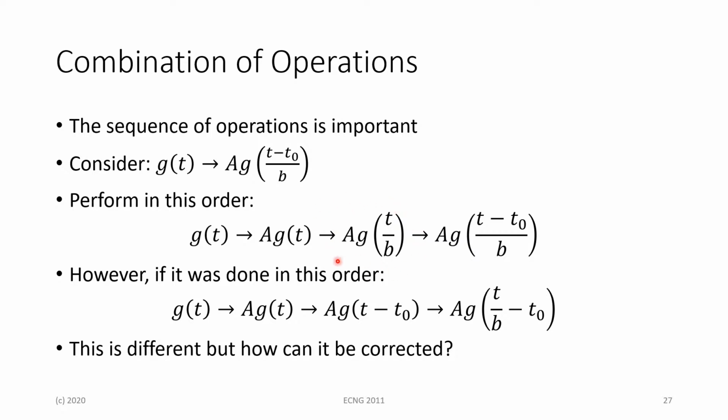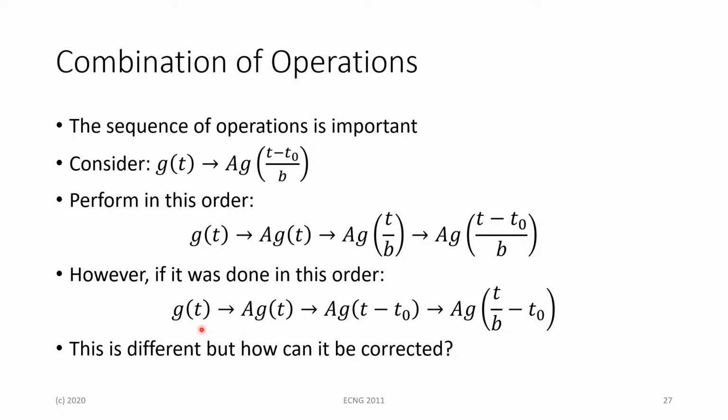And then the last step is where we time shift to get our resultant signal. This is going to be A g((t - t0)/B). So the order of operations, which I'll recap on the next slide, is we amplitude scale first, we then time scale, and then we time shift.